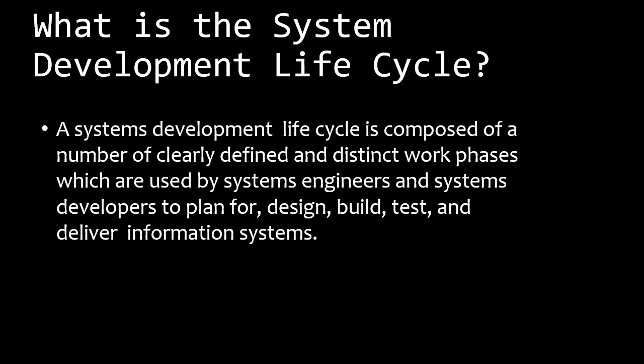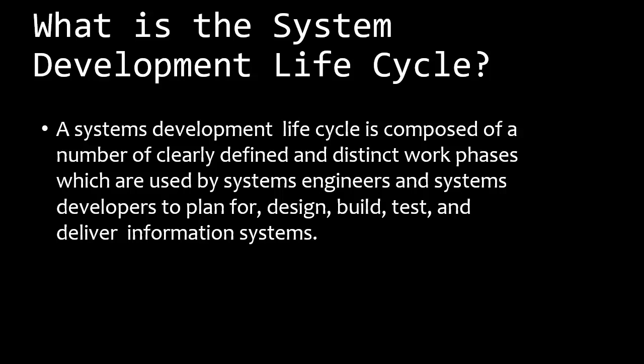The system development lifecycle. I have pulled quite a few different definitions that I found around the web to try to explain this. So let's see if a couple here fit. The system development lifecycle is composed of a number of clearly defined and distinct work phases, which are used by systems engineers and systems developers to plan for, design, build, test, and deliver information systems. That's pretty much it.